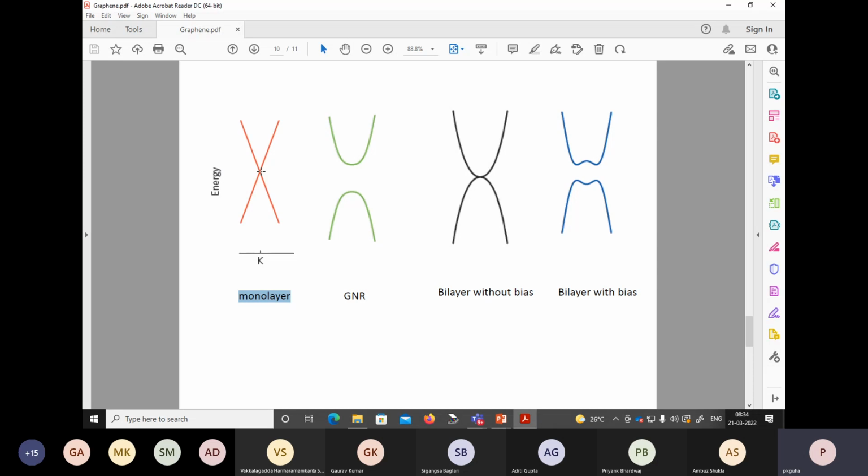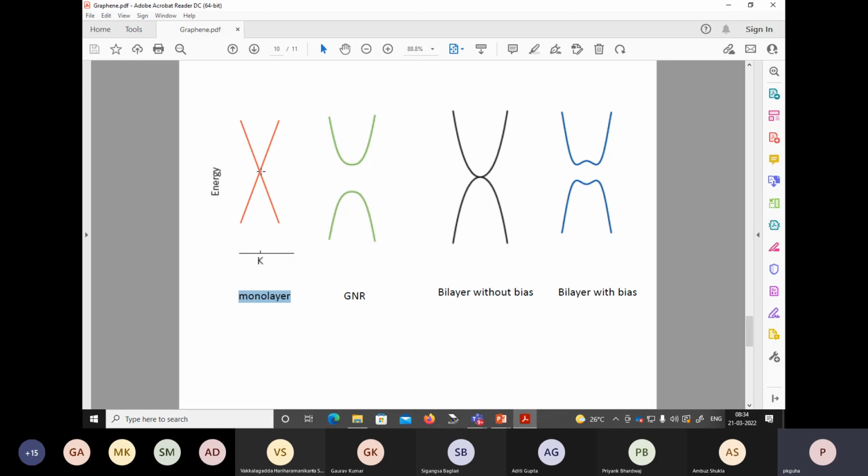People look for making electronic devices from graphene more than from CNT, simply because the mobility is higher here, even than CNT, and of course than silicon. But when you try to realize electronic devices, there should be some band gap. The problem with graphene is, if it is monolayer graphene, there is practically no band gap, because the conduction band and valence band touch each other. So what people do, instead of monolayer, people use several layers.